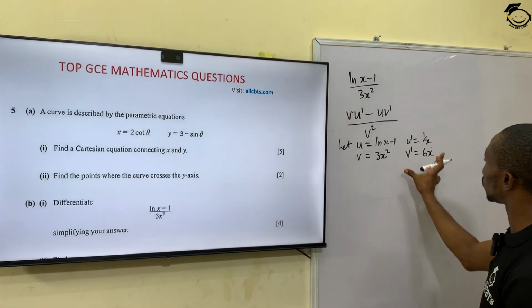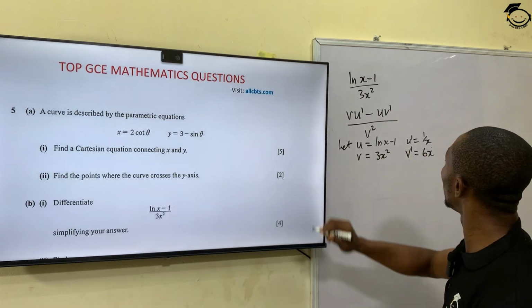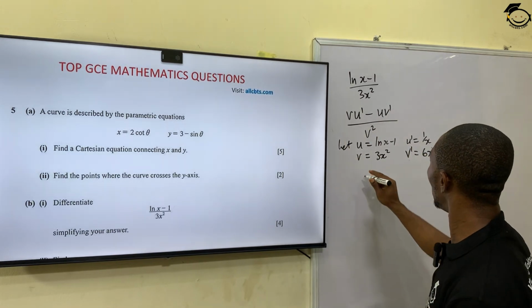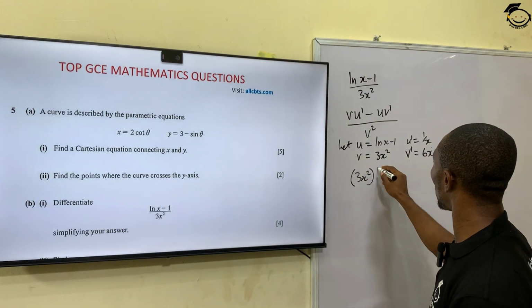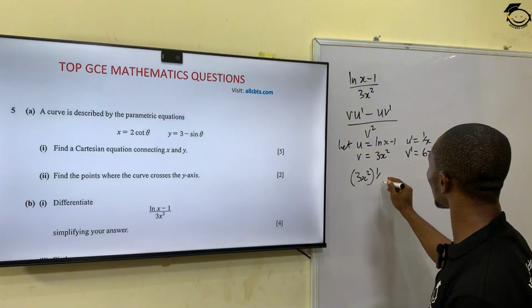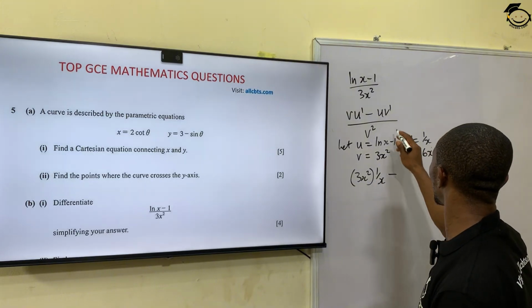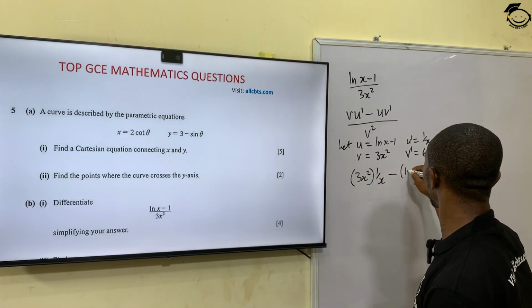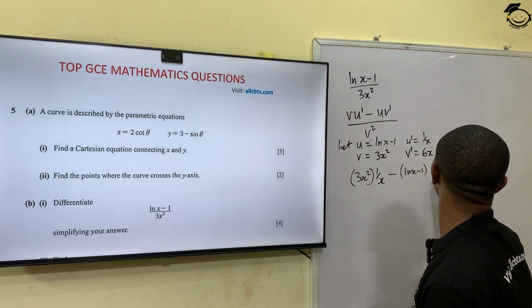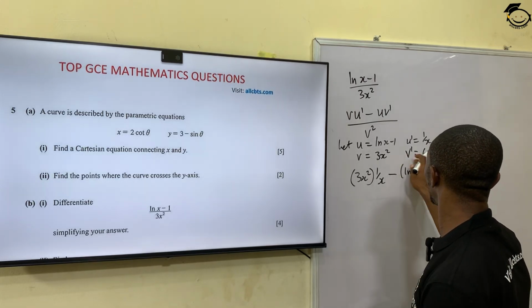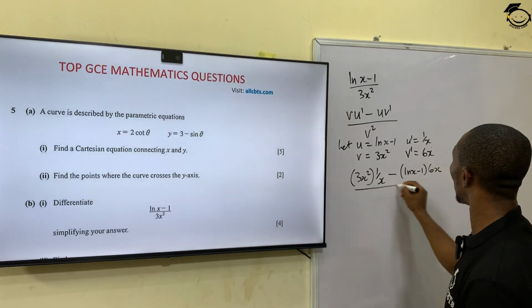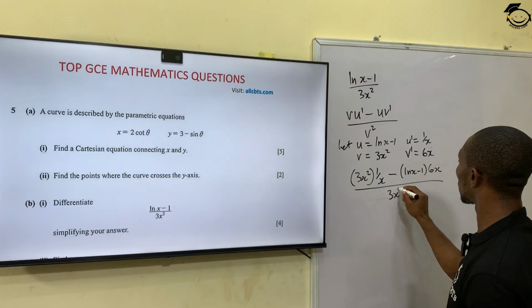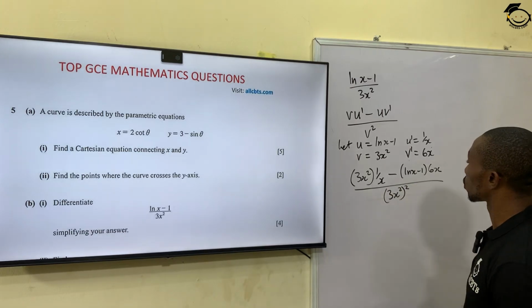Okay, now substituting this into our quotient rule, our v is 3x squared times 1 over x, minus u, which is x minus 1, times dv, which is 6x, all over 3x squared, all squared.